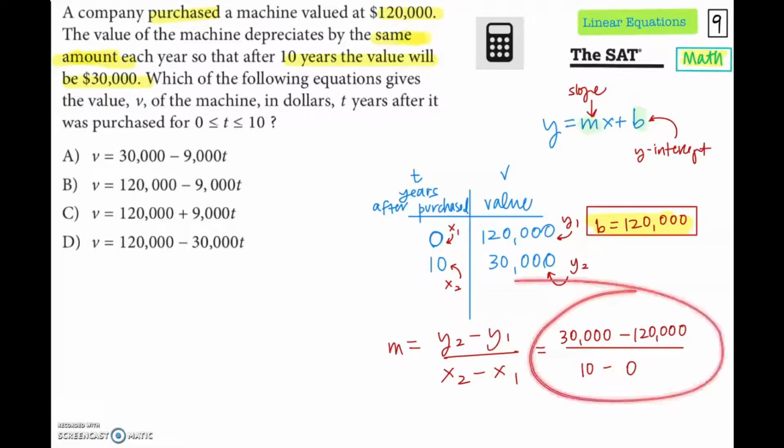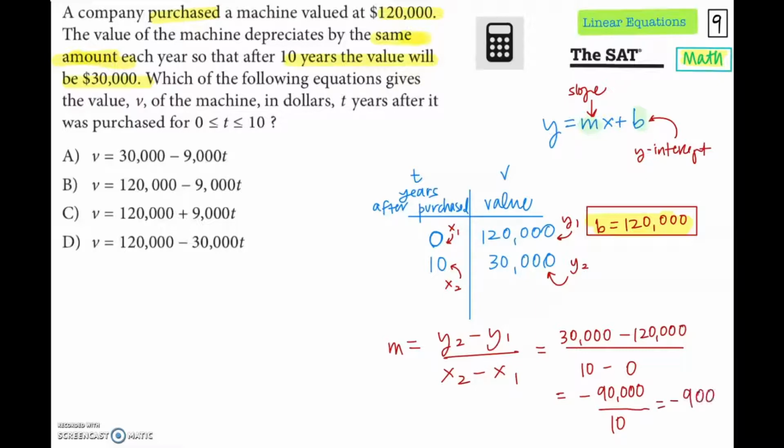Now cleaning this up a little bit, I know that 30,000 minus 120,000 is negative 90,000. And I'm going to divide that by 10, which just means I'm going to knock off one of the zeros, so negative 9,000. Okay, so things are looking good. We found our slope. So slope is negative 9,000, which means that this linear function can be represented by y equals negative 9,000 x plus our b, which is 120,000.